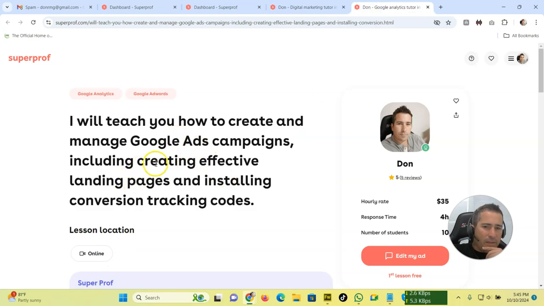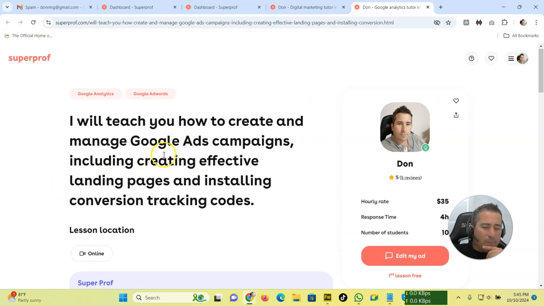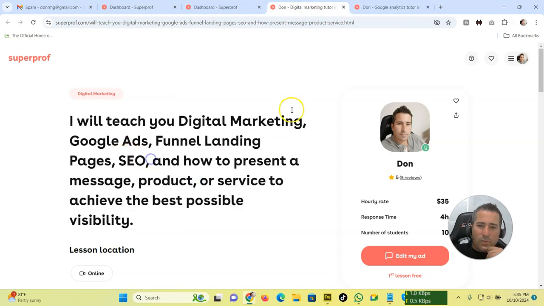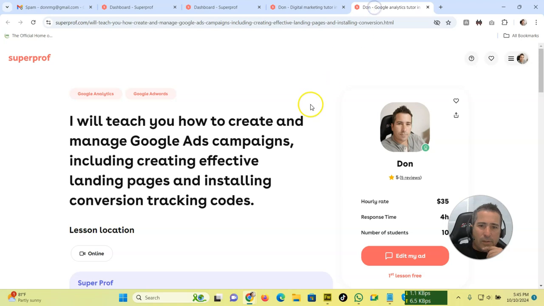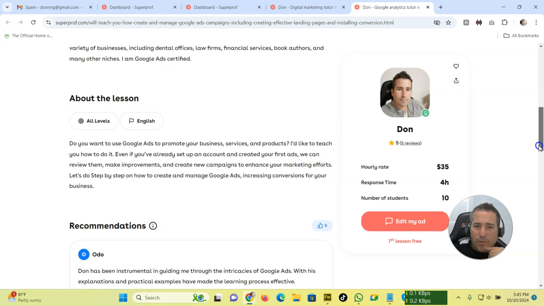The Google Ads campaigns are just for Google Ads. This is for people who don't need a landing page or don't need SEO or don't need to work on the conversion optimization of the website, improve the website's conversions, and everything.